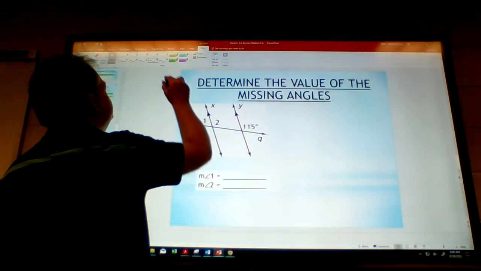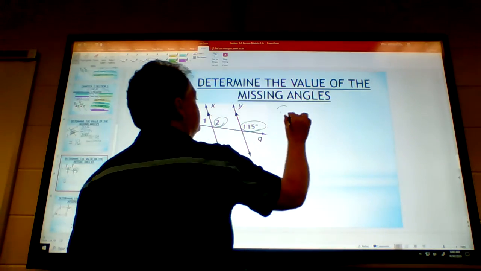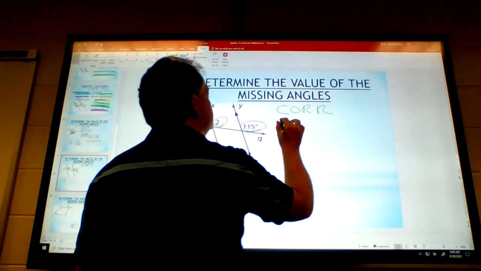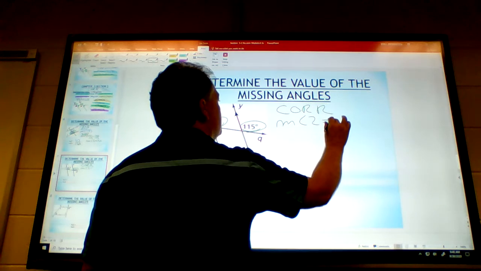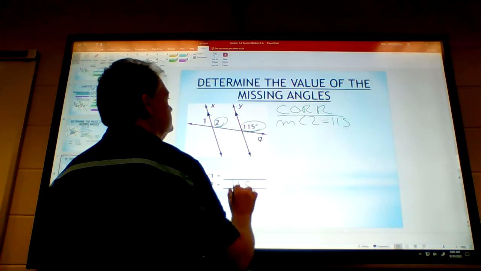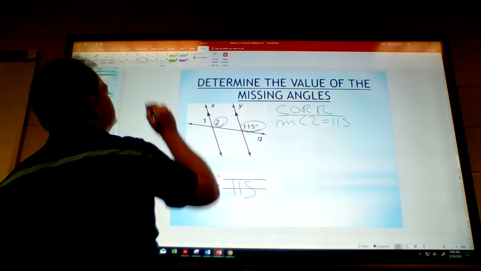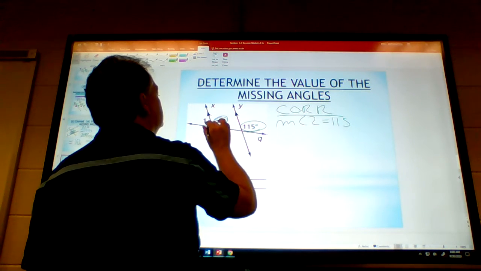Now look at 2 and 115, those are corresponding. So that means that the measure of angle 2 equals 115 degrees, because they're corresponding. And then we look at 1 and 2.